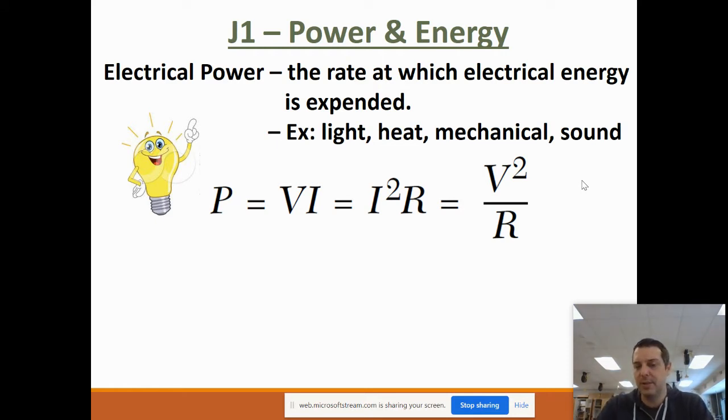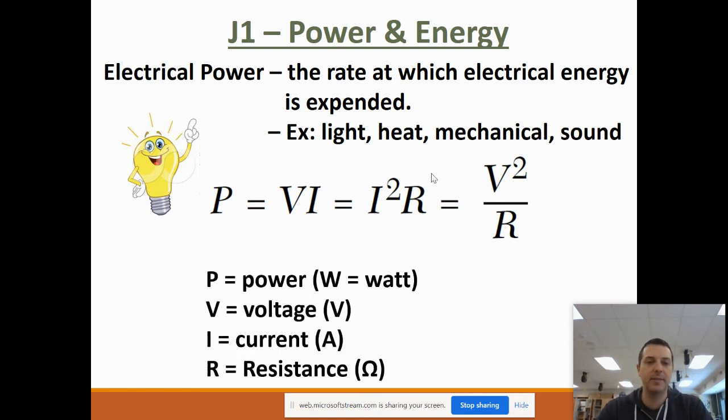The other two are just iterations of it. Because voltage is equal to IR, you could say that it's I squared R. If you have two of the three ohmic values, you could figure out how much power is being used by any particular electrical device. As long as you have two of those three, voltage, current, or resistance, you can figure out the power rating of it.